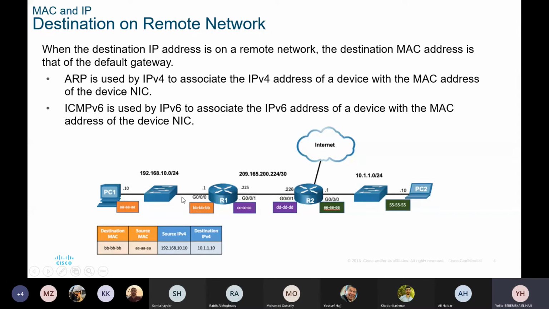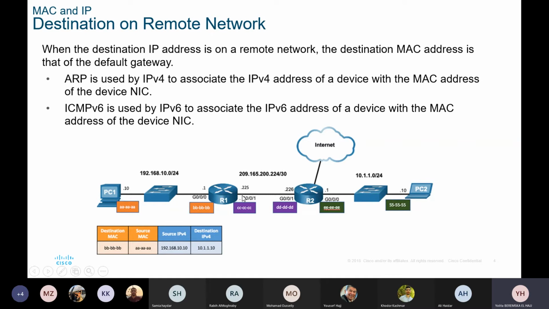Okay, when PC2 wants to return the information, what shall PC2 put in the MAC addresses? The source will be its own, and the destination will be the address of G0/0. When R2 processes the packet, it will use the MAC address of G0/1 of R1, because it knows that the destination network is 192.168.10.0, which is a remote network for R2.